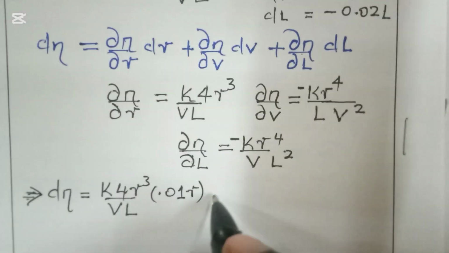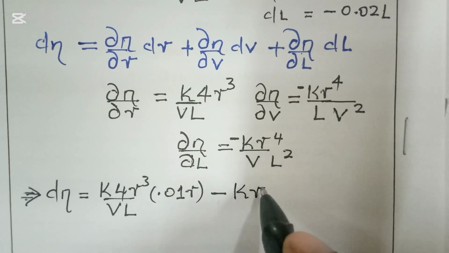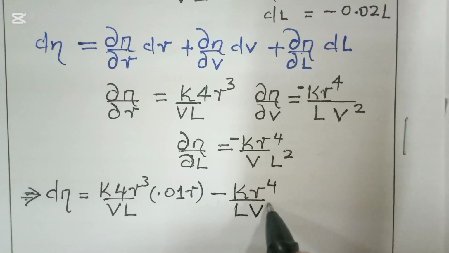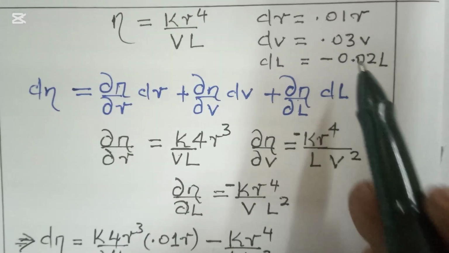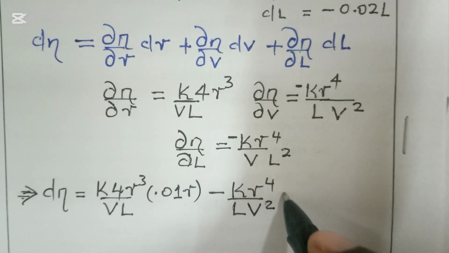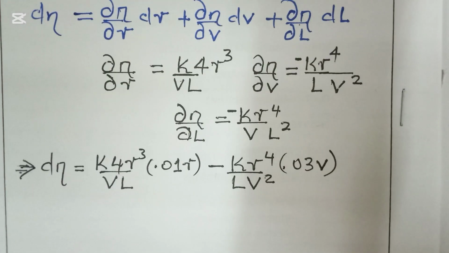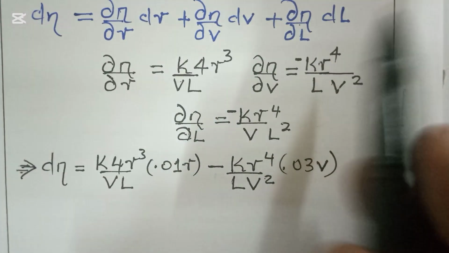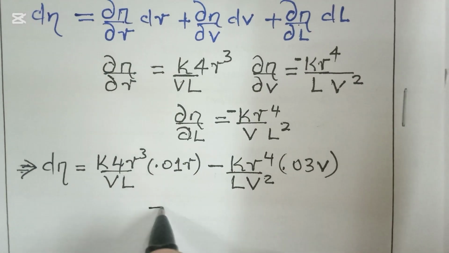We go to the next one, which is going to be negative. We write K R raised to 4 all over L V squared, multiplied by 0.03 V. That is for that. Then we go for the last one, which is minus again.